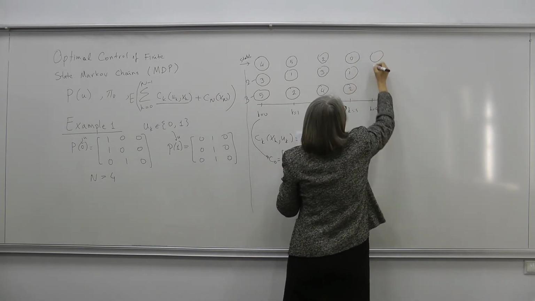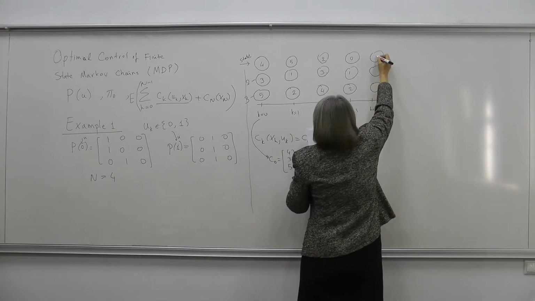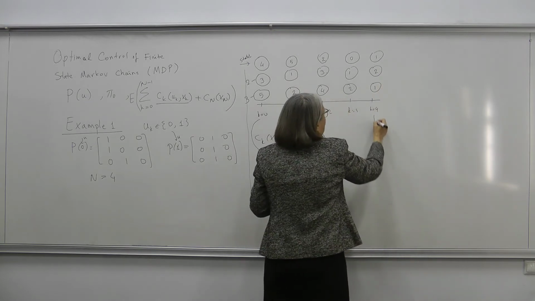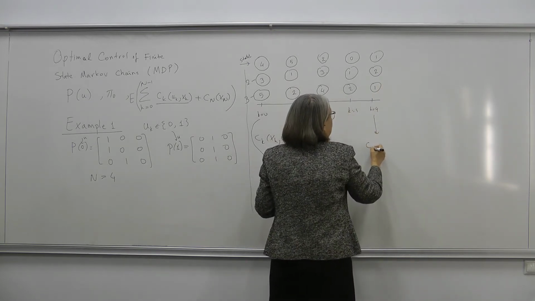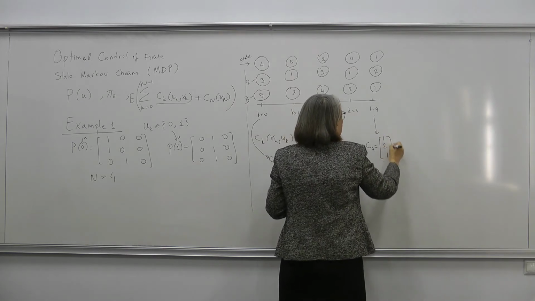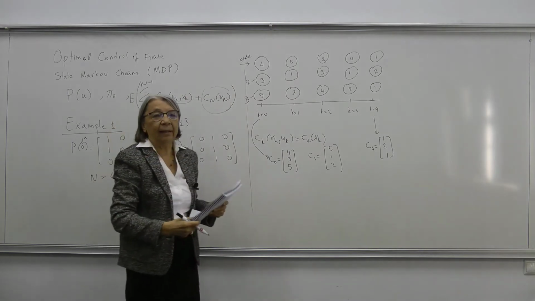And finally, at time 4, we have the incremental costs 1, 2, and 1. For example, for the last one, I can write C sub 4 as 1, 2, and 1. This exactly corresponds to the Cn there.